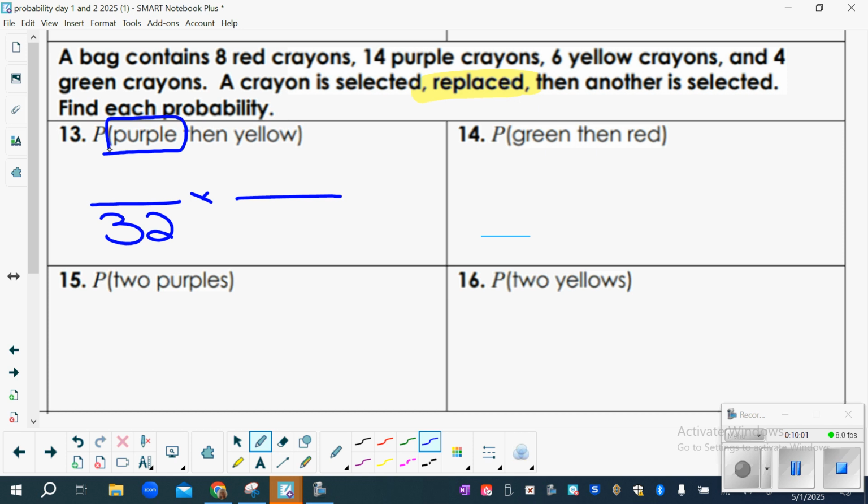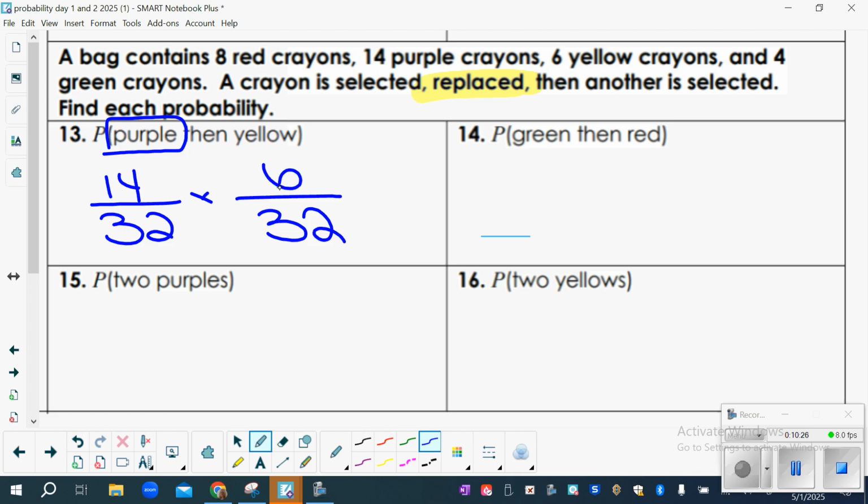How many options do I have for purple? 14. I put that one back in. So I'm still at 32 crayons. That hasn't changed, right? I'm still at 32. Yay for me, but now I want a yellow one. I don't have as many to choose from. Looks like I only have 6.